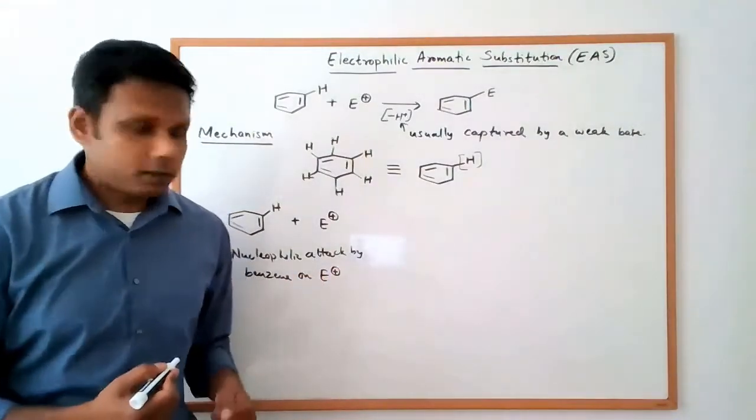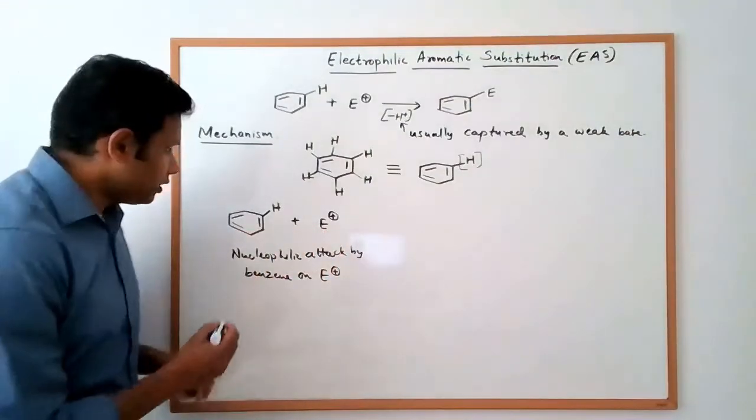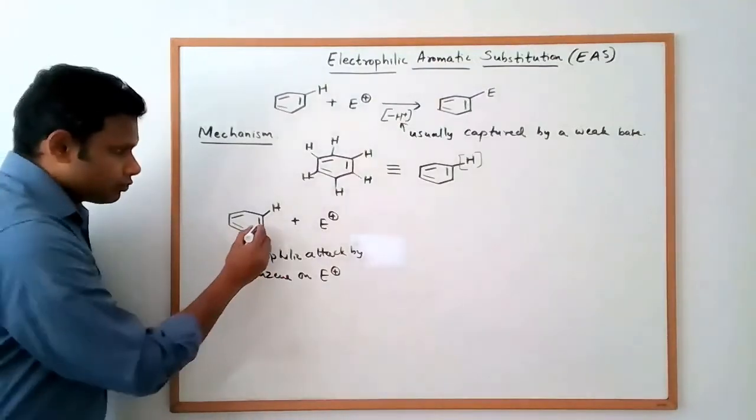So that's the first step. Because we have an electrophile, benzene has to behave as a nucleophile. So what it does is it uses the pi bond as a nucleophile.